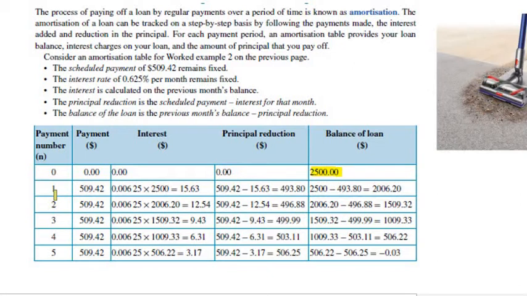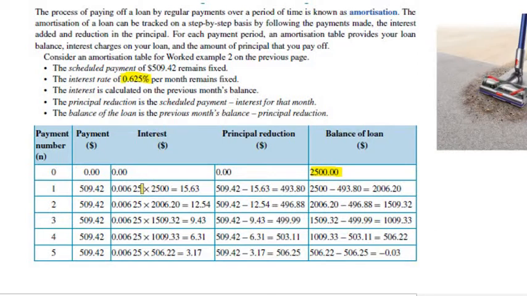And when you decide to make a payment, that's when the first payment is made, and you decide to pay the seller $509.42. The amount of interest generated because of the loan that you borrowed is the interest rate times the principal, or the amount of money that you owe over here. You can see the interest rate over here is 0.625%.